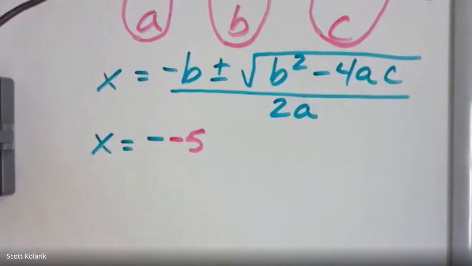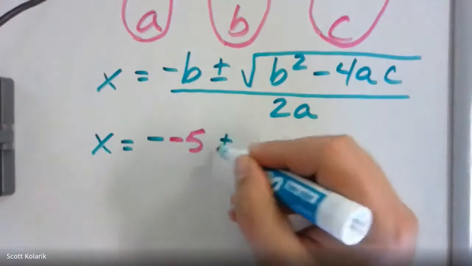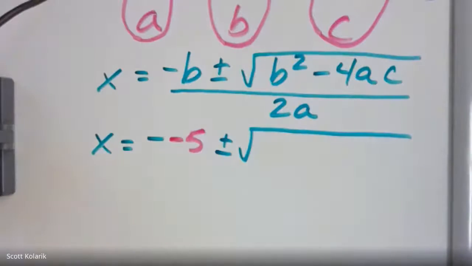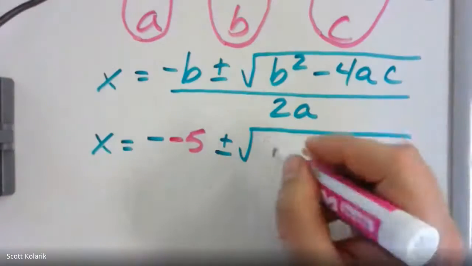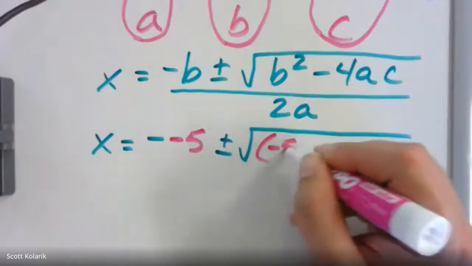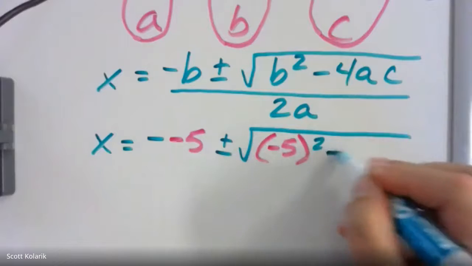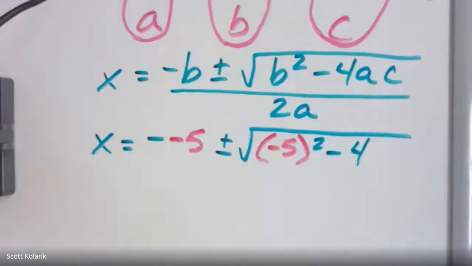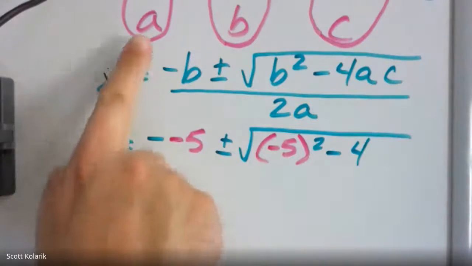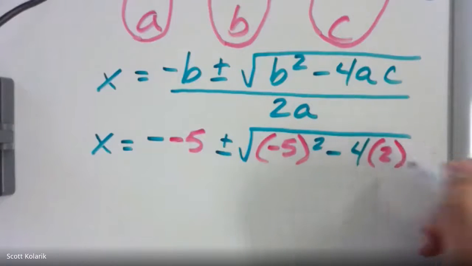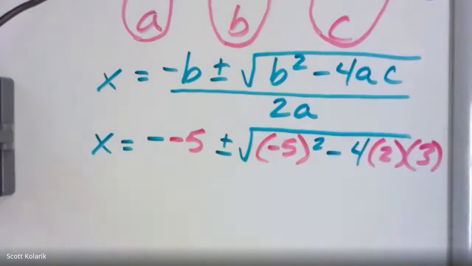All right, now negative b plus or minus the square root of the following. Right? B squared, that b is still -5. I'm just going to square it, minus 4 times a times c. Now a, in this case, was the +2 that was multiplied by the x squared, and c was the lone number being +3, right?